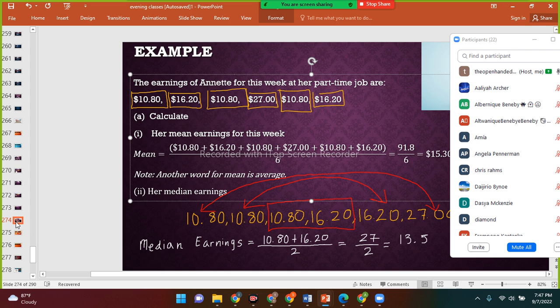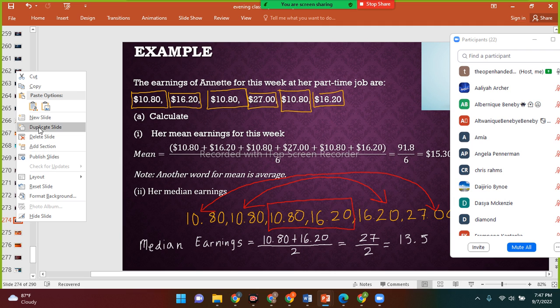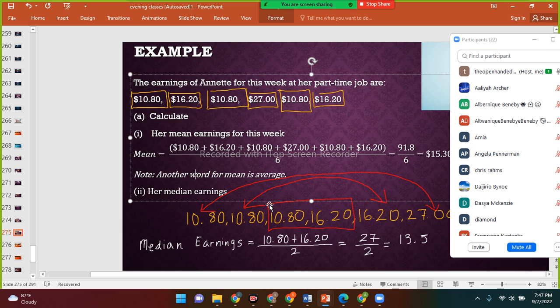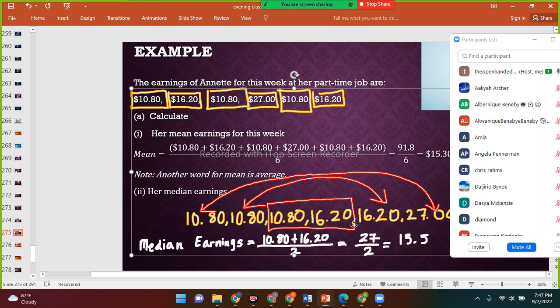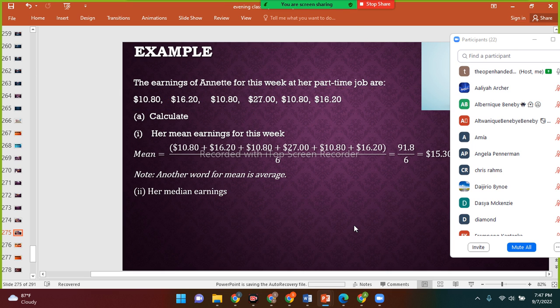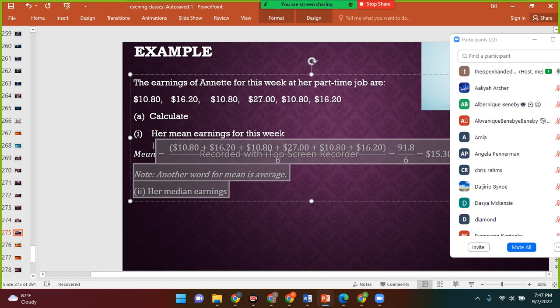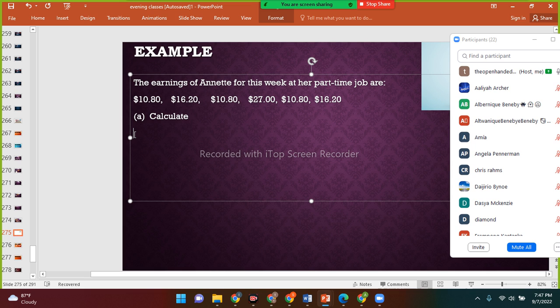Now let's do the last two. This is part A triple I. We want to calculate the modal earnings.